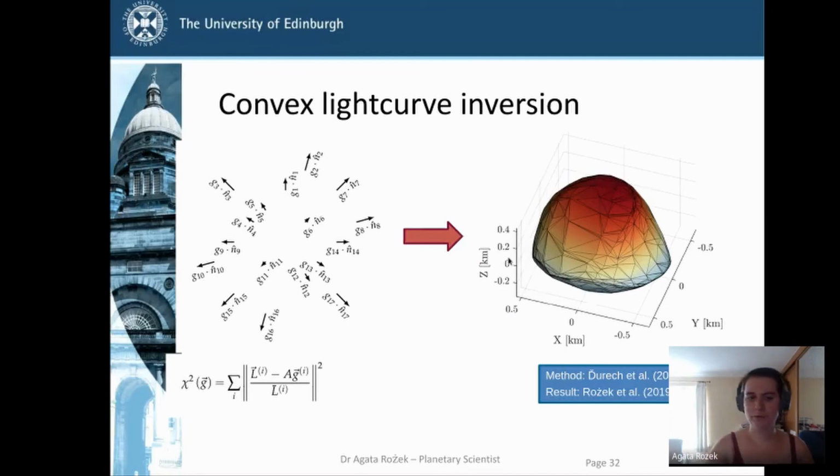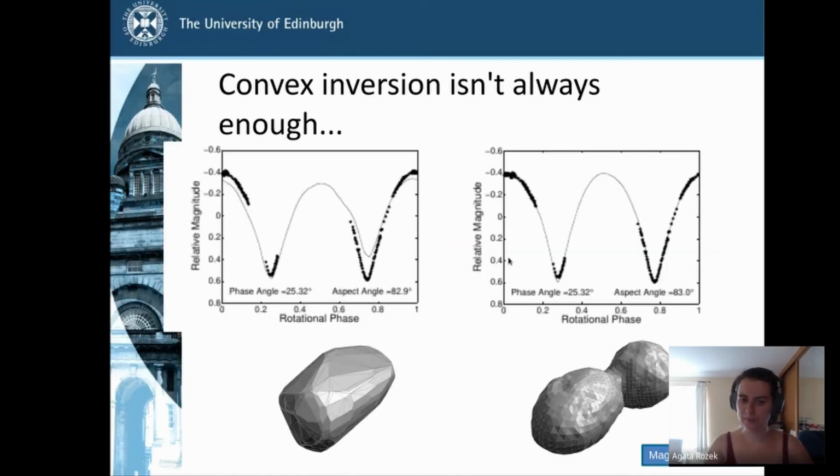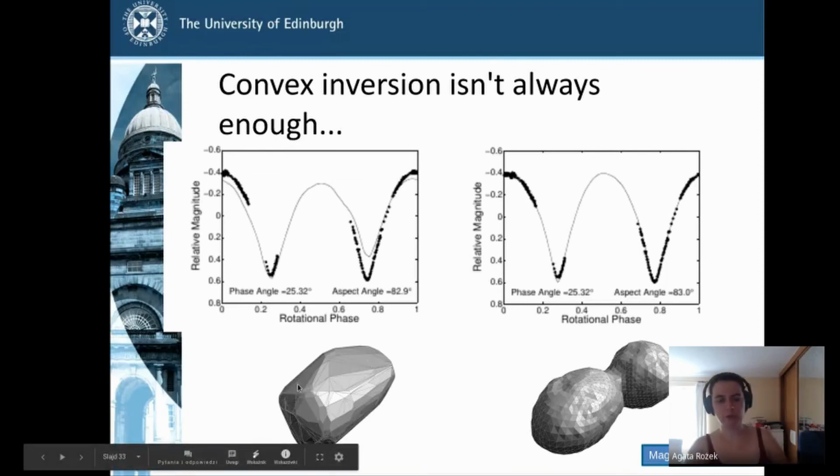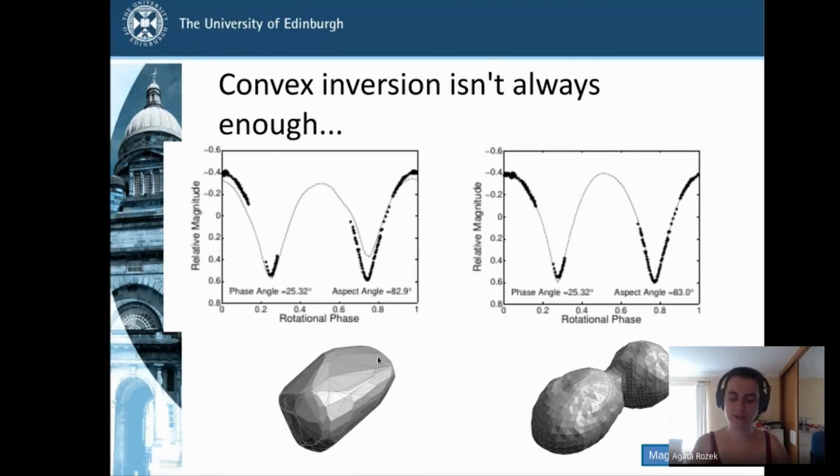Now, the problem with the convex light curve inversion is in the first word, which is convex. So we can reproduce shapes of a lot of asteroids quite effectively because light curve observations are quite easy to gather. The problem is the method of retrieving the shape information from the light curve observation is not perfect.